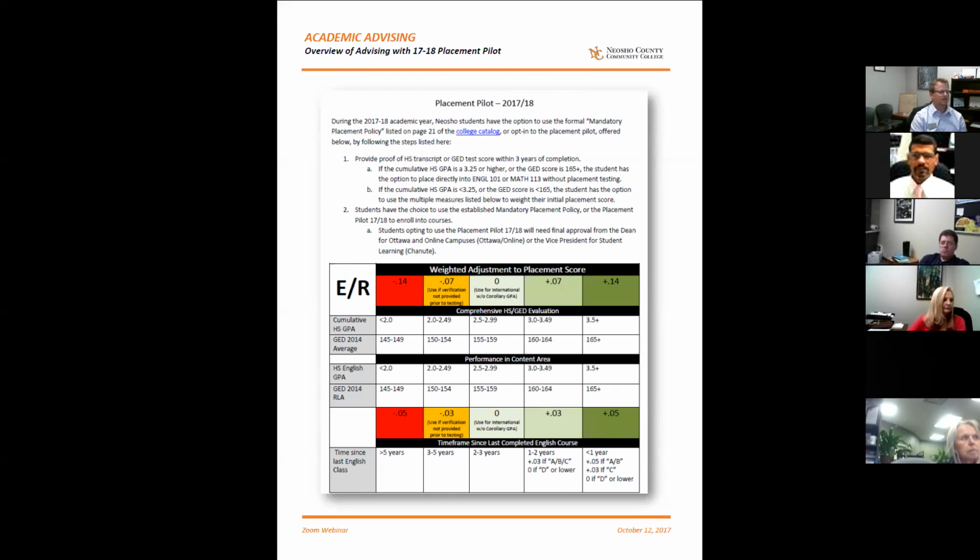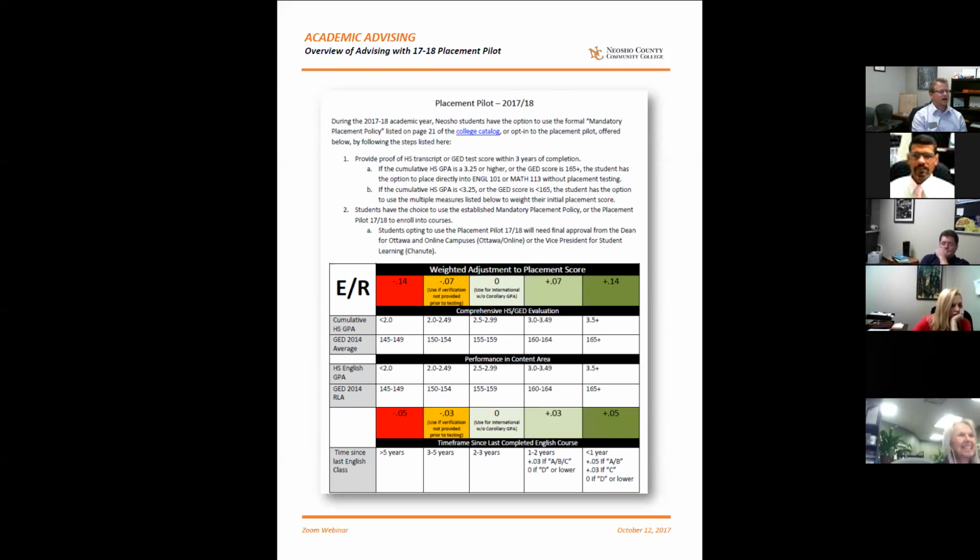If the answer is yes, and their GPA is above or equal to a 3.25, and their average GED score across all 4 tests is a 165 or higher, then within our placement pilot option, they could go directly into an English 101 or a Math 113 course without any prior testing. So no testing would be required for that student. Again, the first question is identifying whether or not a student fits that criteria.